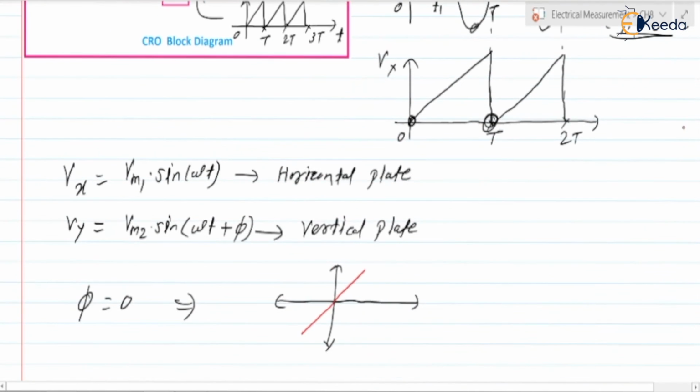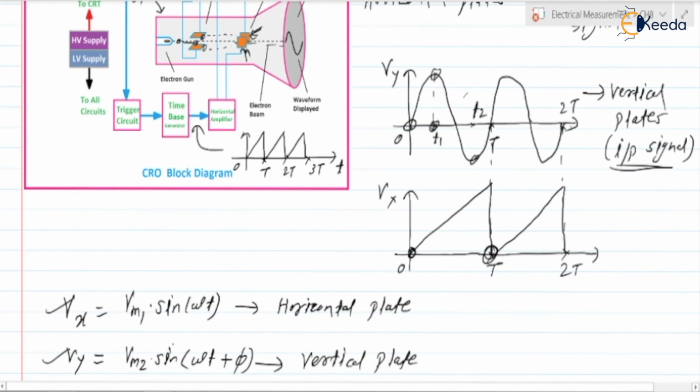You can check that if to the vertical plate you apply the signal Vm2 sine of omega t plus phi, and to the horizontal plate Vm1 sine of omega t, then from those signal magnitudes you can draw the two signals.